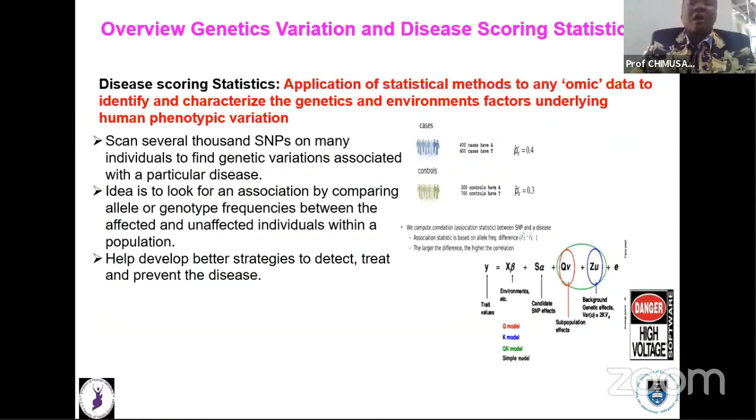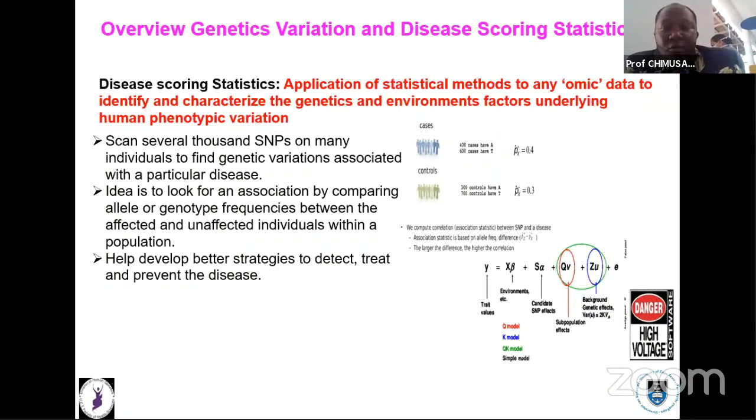So now the question is how we can capture genetic variation. One example is to use disease scoring statistics. An example of that is mixed models. In your data you can have a group of sick people and a group of healthy people, and you want to use their genetic material to see where in their DNA there are differences.